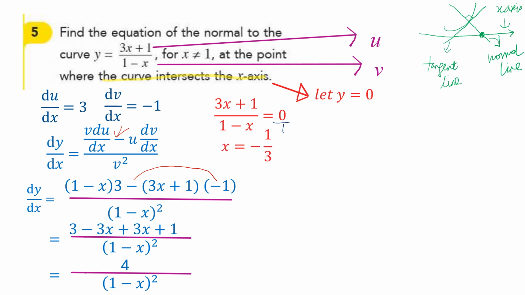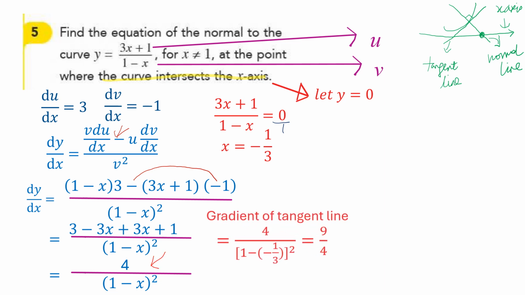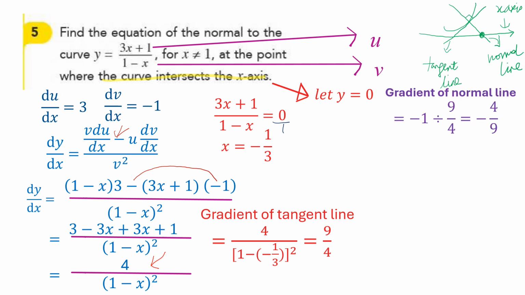Alright, so with that, you can substitute into your dy/dx to find the gradient of the tangent line, which is 9/4. And we know that the gradient of the tangent line times the gradient of the normal line gives you negative 1. So therefore, the gradient of the normal line will be negative 1 divided by 9/4. Gives you negative 4/9.